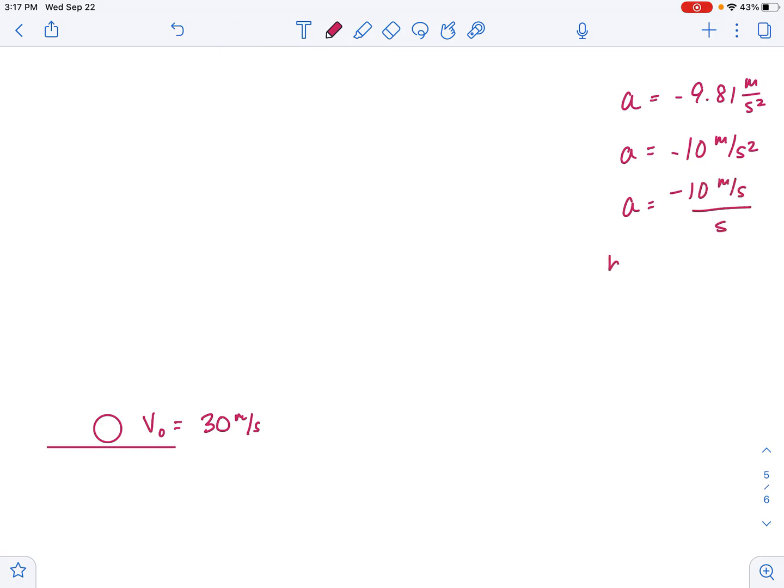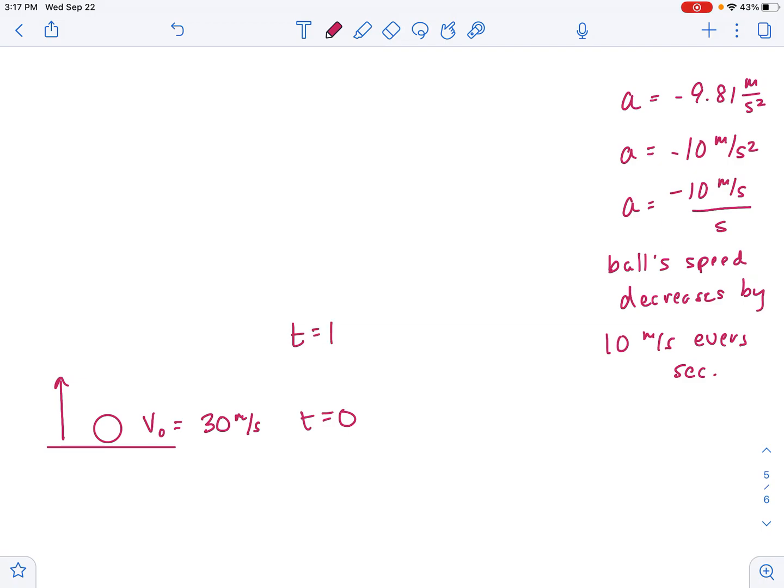In other words, the ball's speed decreases by 10 meters per second every second. So at t equals 0 seconds, again, let's say the ball leaves my hand with an upward velocity of 30 meters per second. 1 second later, I would subtract 10 meters per second.